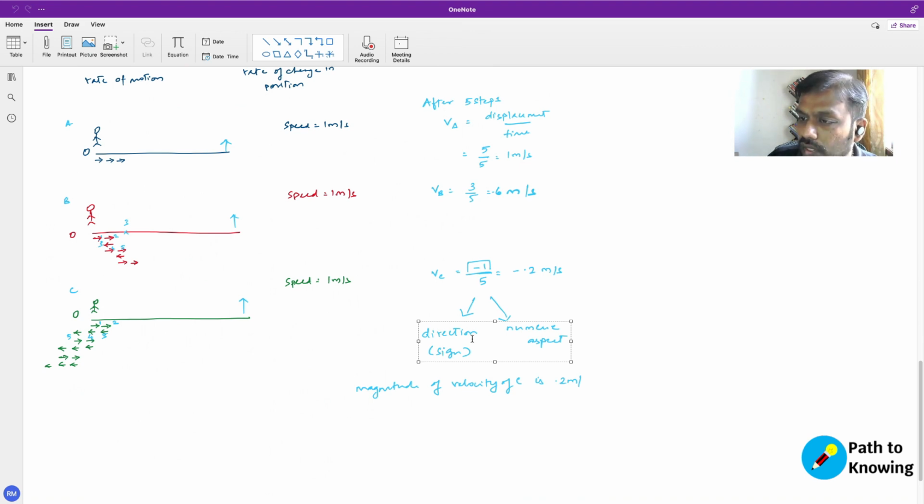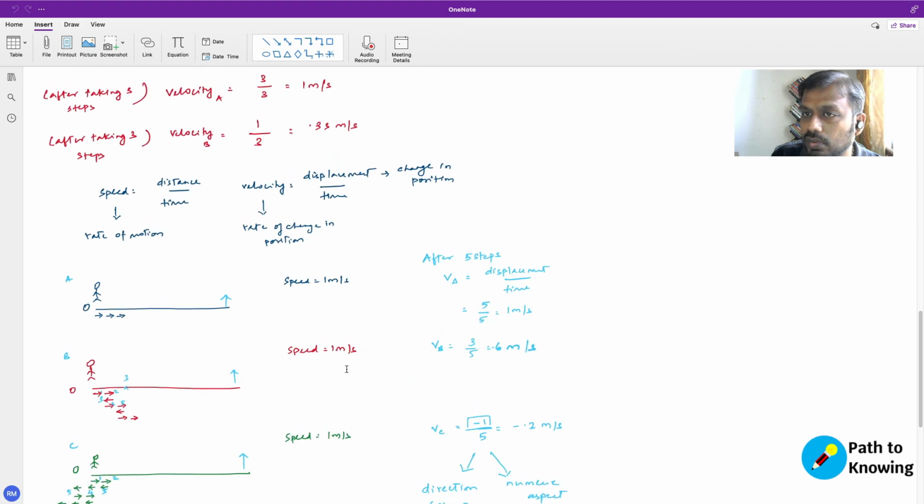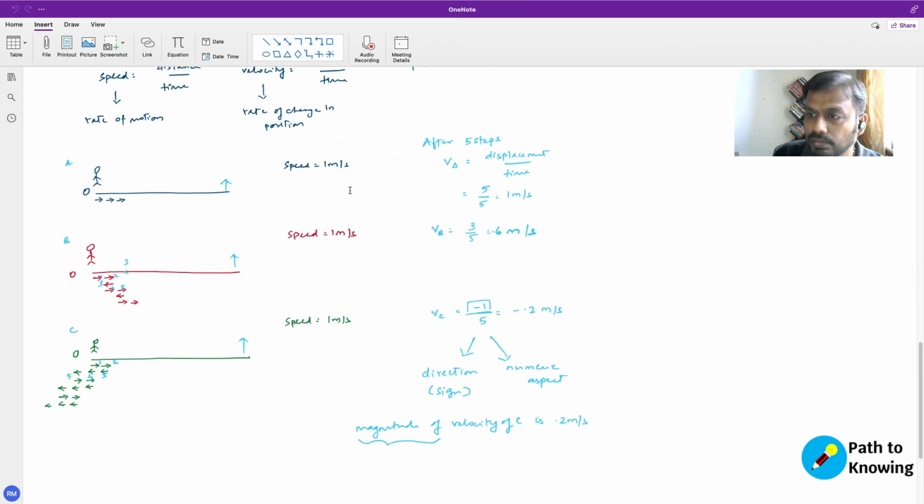When you're only focusing on the numeric aspect of velocity, the right way to say that would be the magnitude of velocity of C is 0.2 meters per second. So when we said the velocity of B is 1 by 3, this is incomplete. The right way to say this is the magnitude of velocity is 0.33 meters per second.